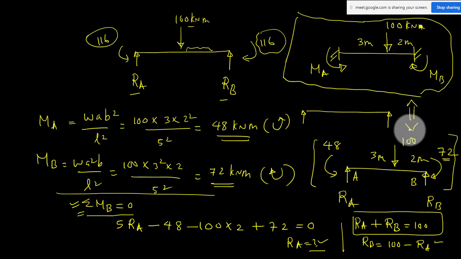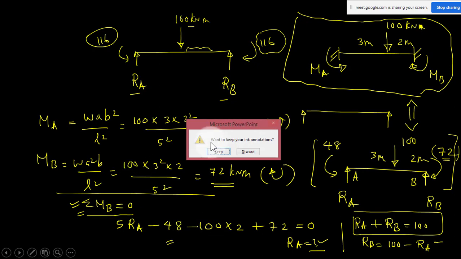We keep some reactions, and apply the fixed end moment as an external moment at that point. Including that, the moment comes to 0, so you can get the values of RA and RB. This is the procedure you have to follow for any question to solve the reactions.